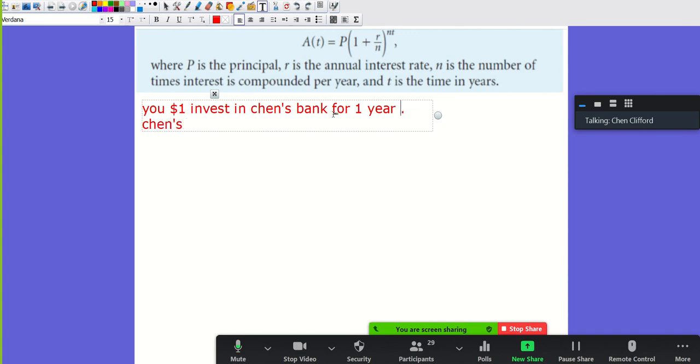Actually, let's ignore compounded, and Chen's Bank gives you 100% interest rate. So let's say you invest $1 in my bank for 1 year and I give you 100% interest rate.